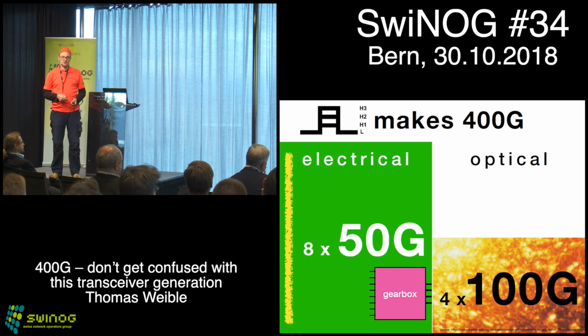And you might ask yourself, hey, why is it so complicated? Why don't you just reduce the electrical side down to 4 times 100 gigabit as well? The reason is quite simple: it's costs. Technically and theoretically, it would be possible to shrink it down to 4 lanes running at a speed of 100 gigabit, but for that you have to increase the frequency, and the PCB material needed for that high frequency is just freaking expensive, and the longer the traces are, the more expensive it gets.